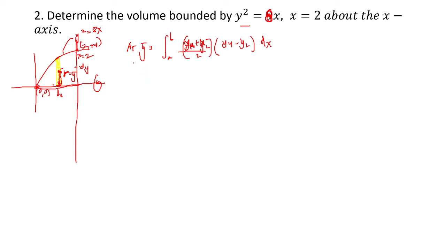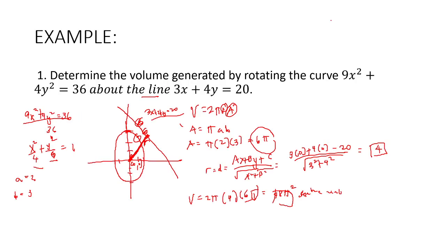Dividing both sides by the area, y bar is equal to 1 over 2A, integral from a to b of y upper squared minus y lower squared dx. Then the formula is 2 pi r.